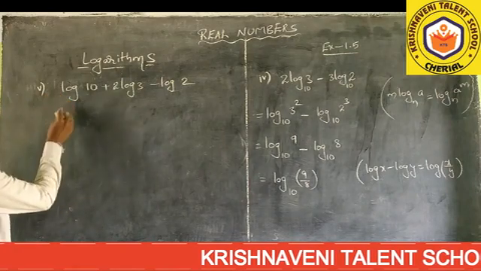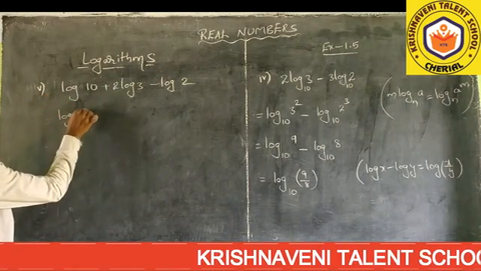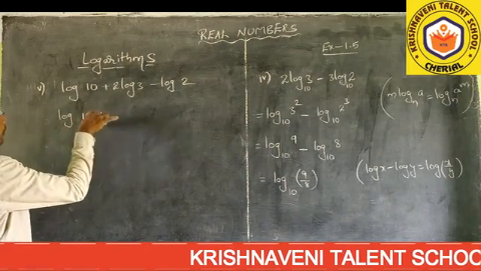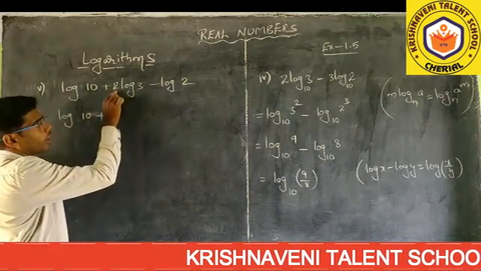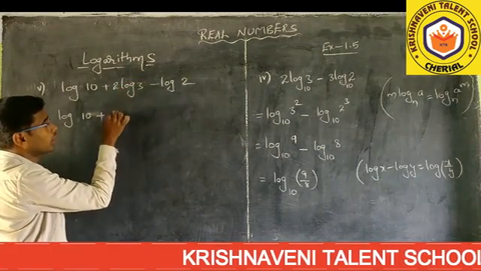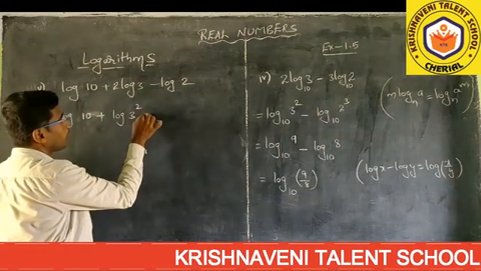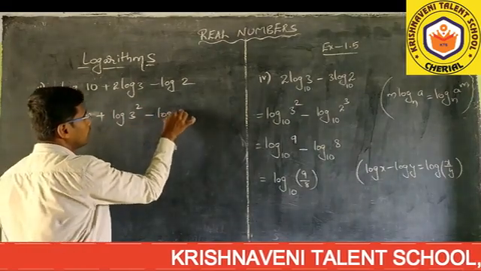So if you observe here, let this one be log 10 plus, the number before the log is there. How can we write it by using the third law? Log 3 square minus log 2.